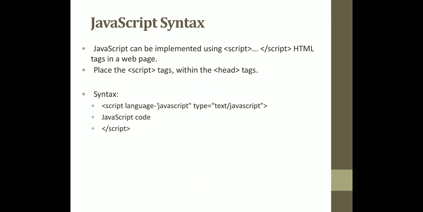For example, here you can see script language equals JavaScript and type equals text/javascript. So this is the simple syntax to add your script code, and any statements or code block you can write between the opening and closing script tags. So this is the simplest syntax.